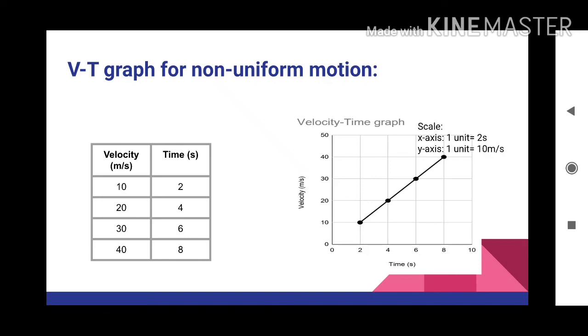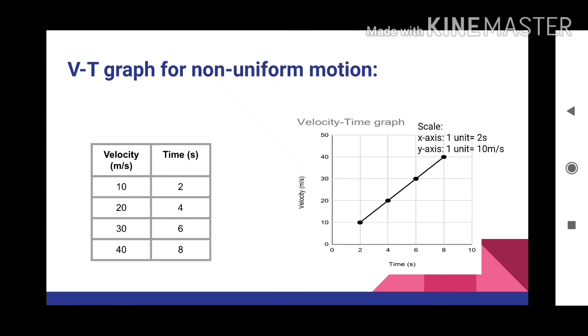If you look at the plot, at 2 seconds it is 10 meter per second, at 4 seconds 20 meter per second. So the plot is a straight line with a positive slope. When the plot is increasing like this, we say that the slope of the plot is positive, and here the slope remains constant.